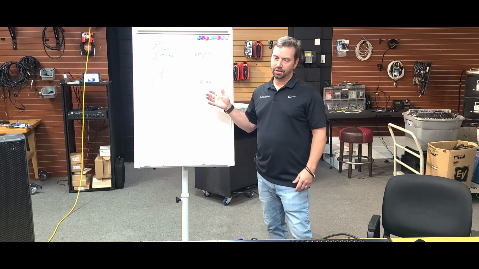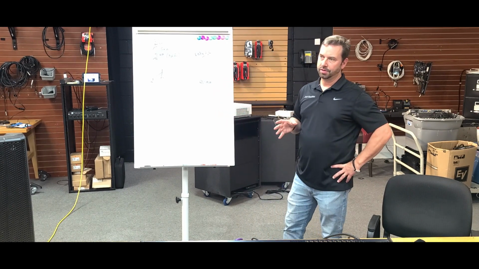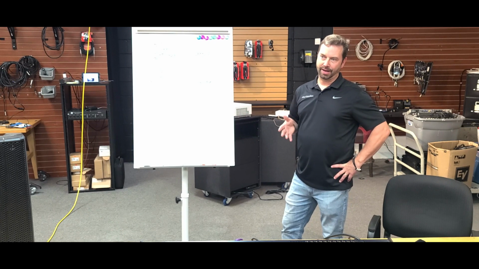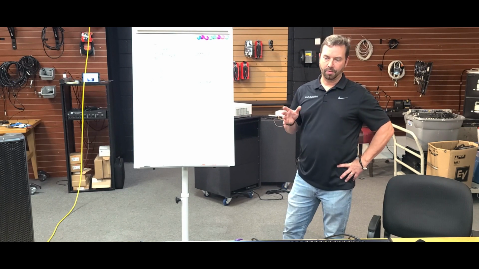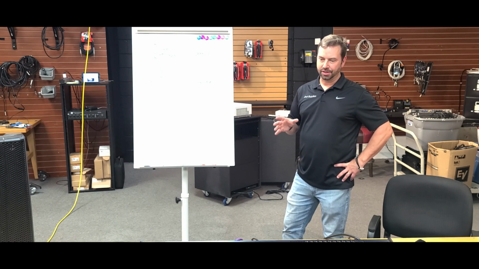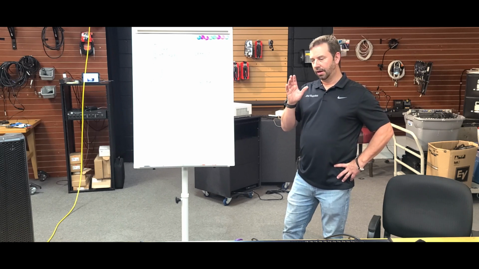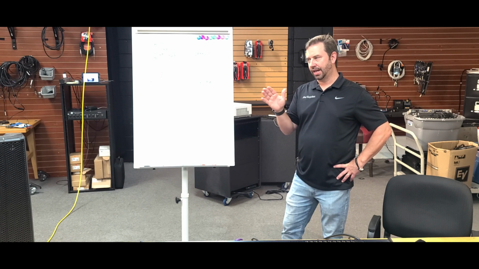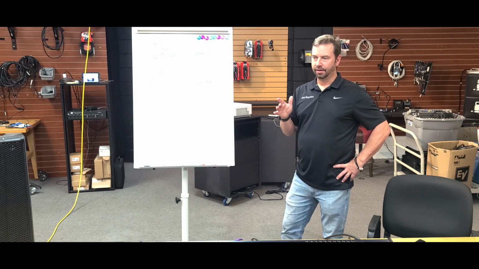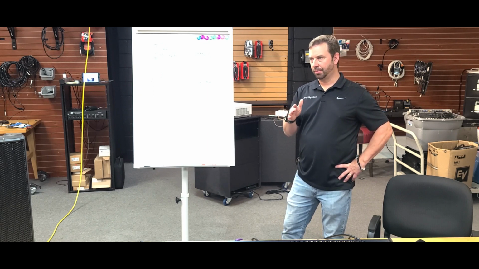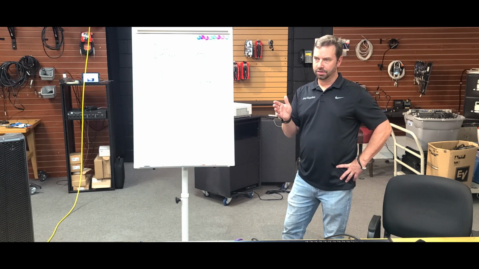On digital consoles, this is what's great about digital boards. It is a variable high pass. So a lot of times when you see us setting up a digital console for the first time, we're engaging the high pass, but then we're setting that high pass where we want it to be. Like with a male vocal voice, we'll probably do about 80 to 90 hertz.